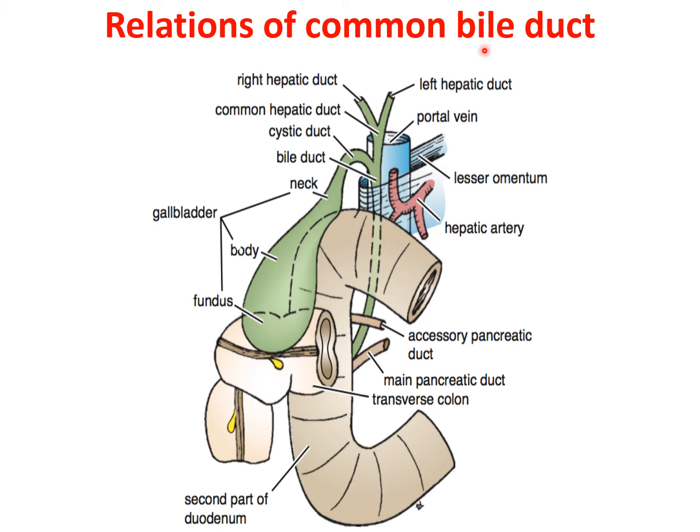Next, the retroduodenal part. The retroduodenal part, as you can see, will be related anteriorly with, what is running here? The first part of the duodenum. Behind, what will lie? The inferior vena cava. And to the left of it lies the gastroduodenal artery.